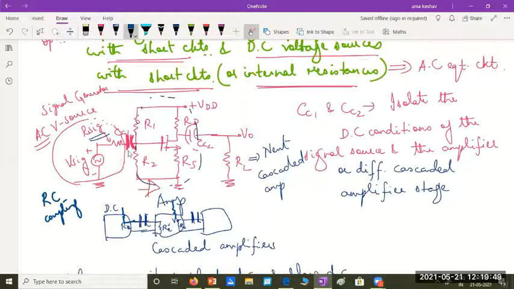They will tend to reduce the gain at low frequencies and all that. They have some additional effects on the behavior of the circuit, which we will consider later. For now, we are just shorting all these coupling capacitors when we do the AC analysis. Okay.